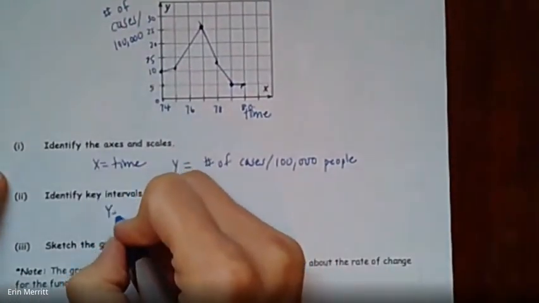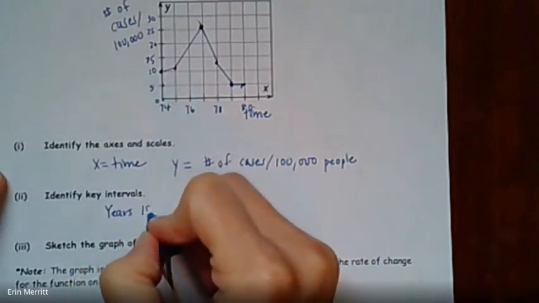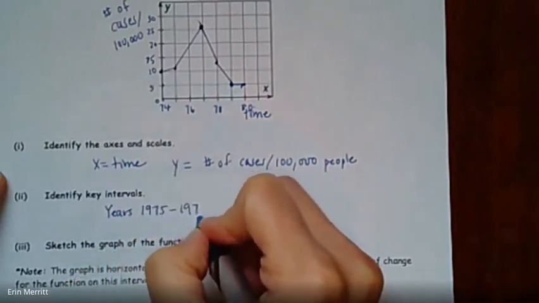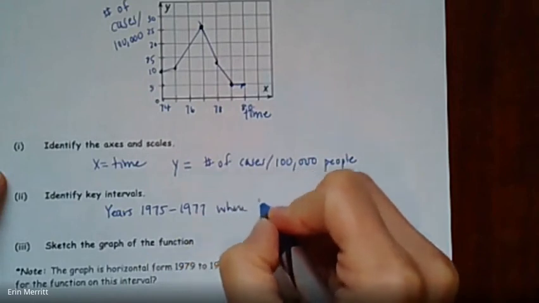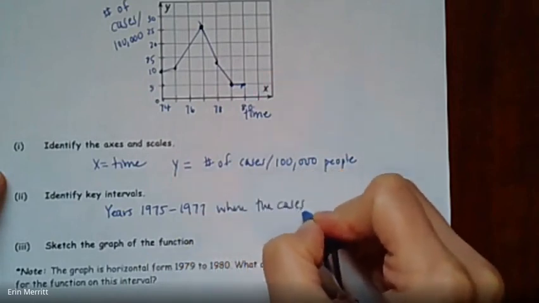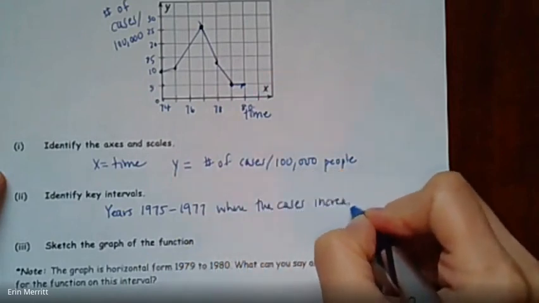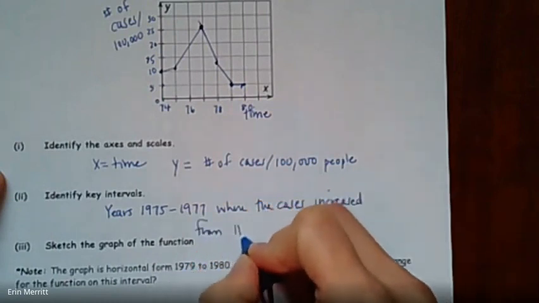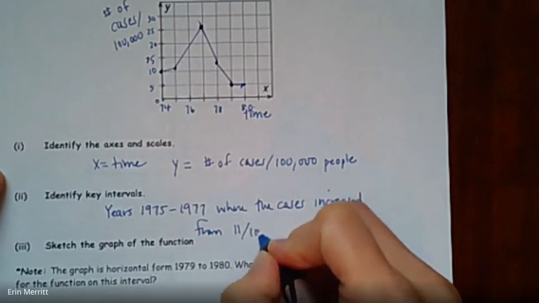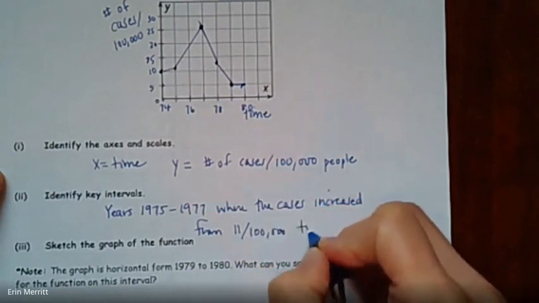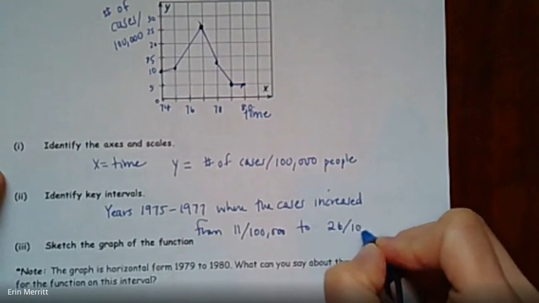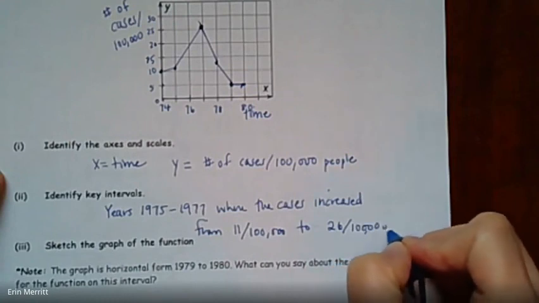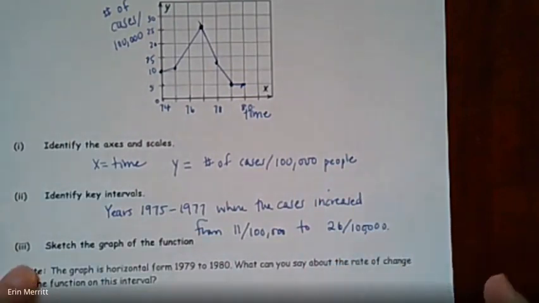So the years 1975 to 1977, where the cases increased from, I think it was 11 per 100,000 to 26 per 100,000. That would be a key interval.